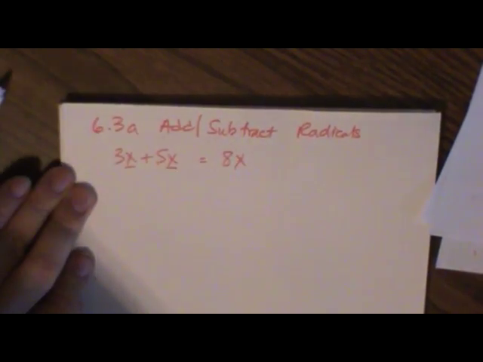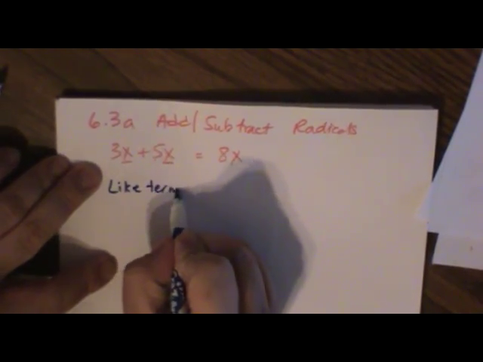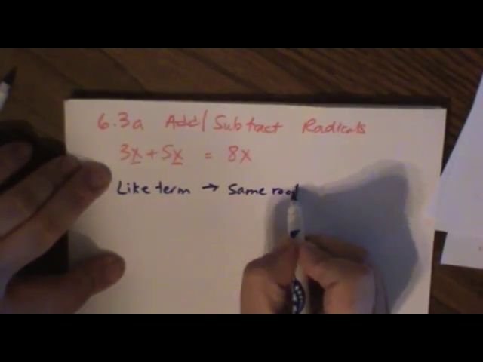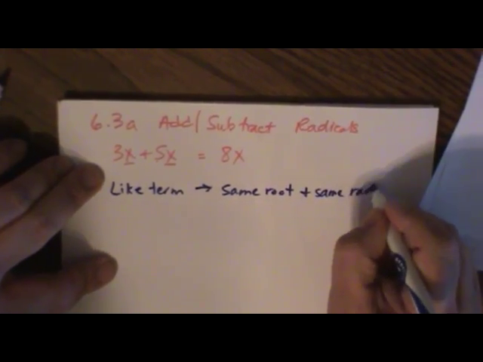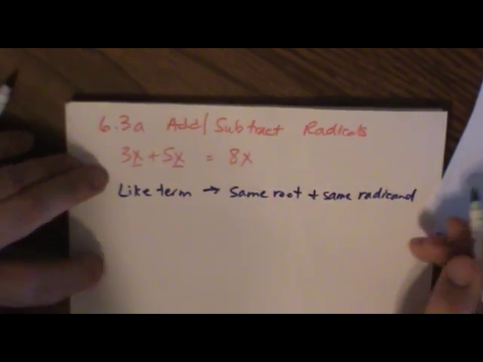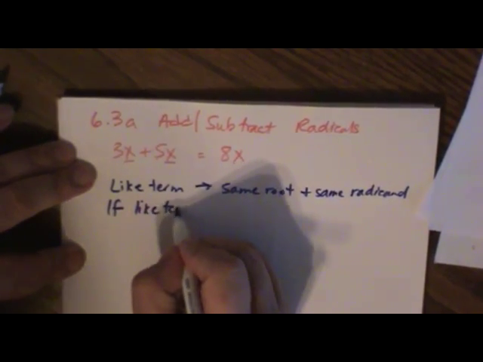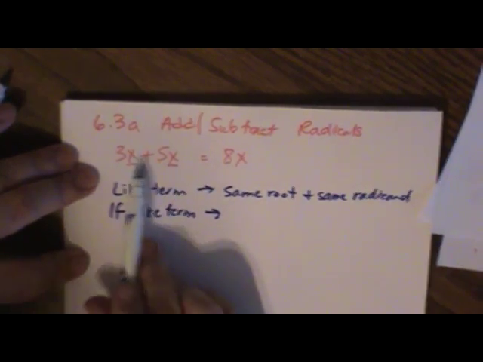For them to be considered like terms, though, they have to have the same root and the same radicand. If you have like terms, then you can do like we did up here.